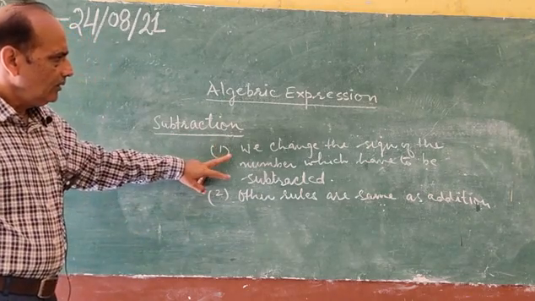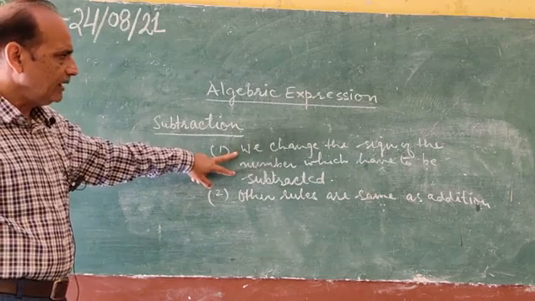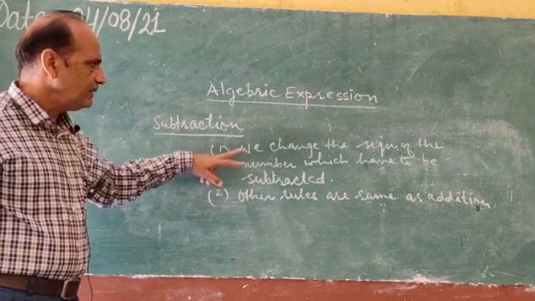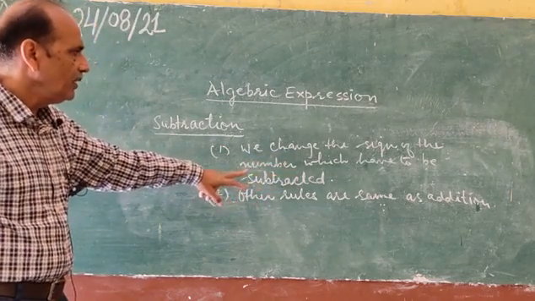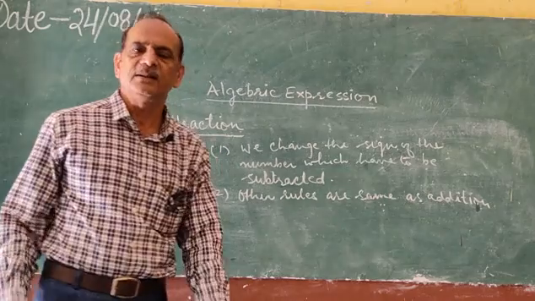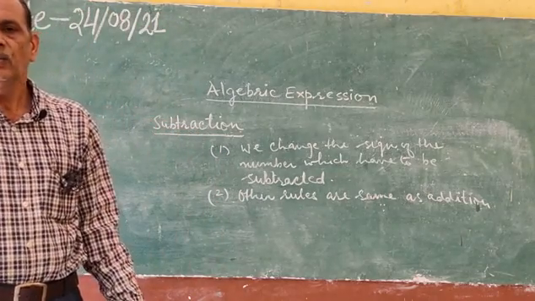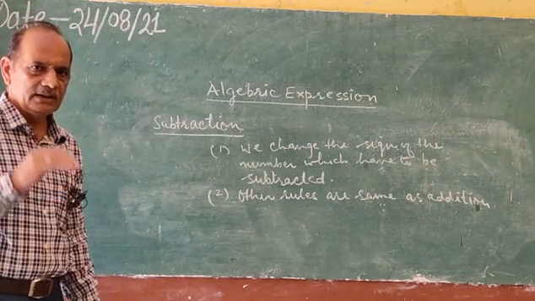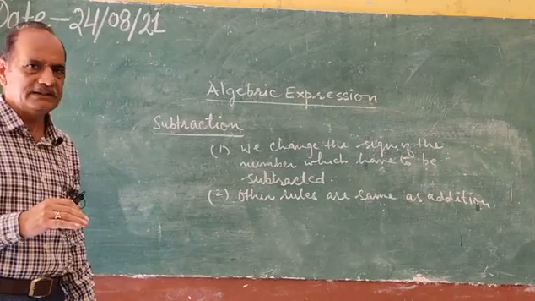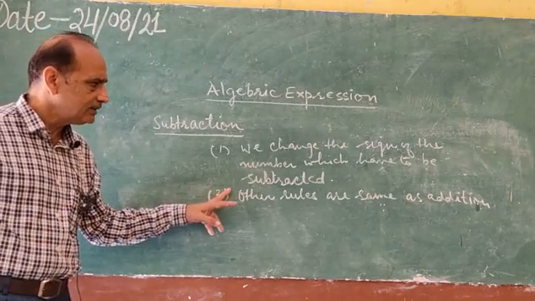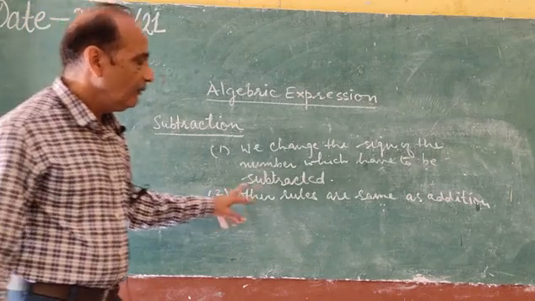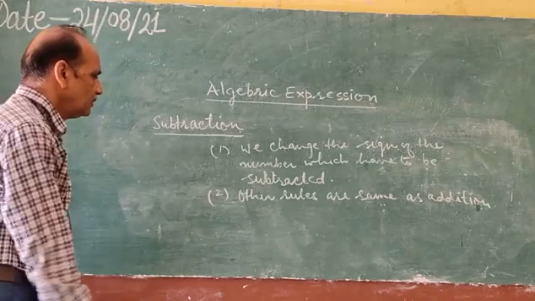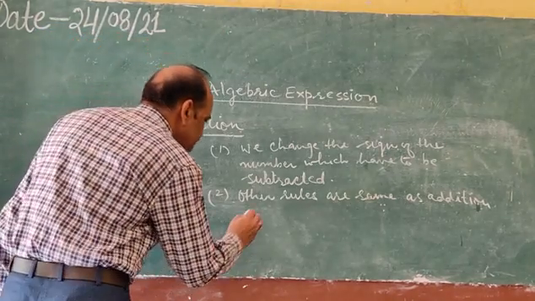So when you subtract one number from another, we change the sign of the number which has to be subtracted. जिस नंबर को माइनस करना है उसके साइन चेंज होंगे. इट मीन्स नीचे वाली सेकेंड नंबर जो है, the sign of second number will be changed, and then other rules will be same as addition. I am giving you some examples.